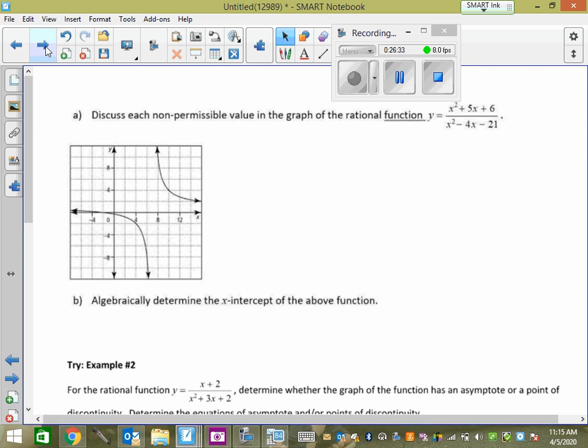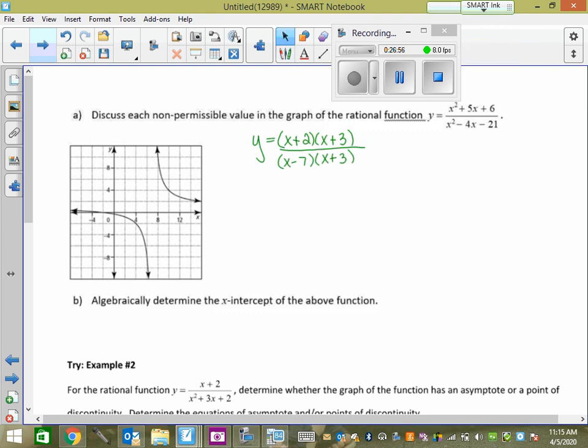So discuss each non-permissible value in the graph of the rational function. So it's the graph of the rational function over here. We're going to factor. So we're going to say what times what gets me 6, what plus what gets me 5. It's going to be x plus 2, x plus 3. In the denominator, we're going to say what times what gets me -21, what plus what gets me -4, x minus 7, x plus 3.